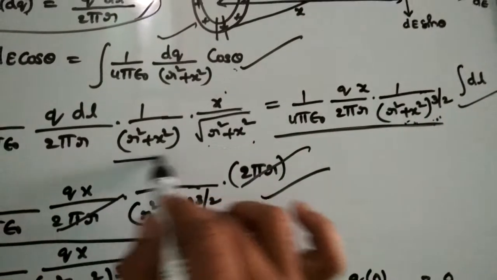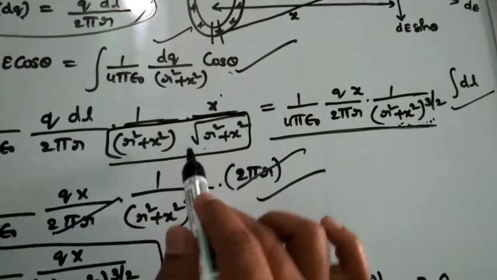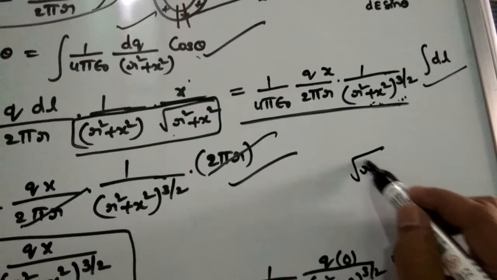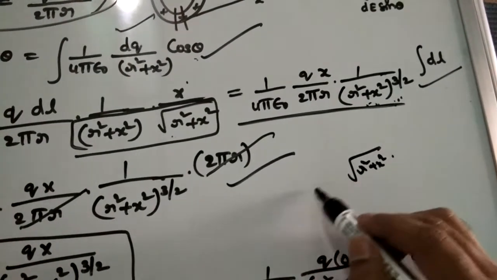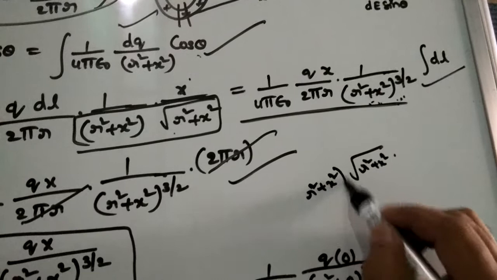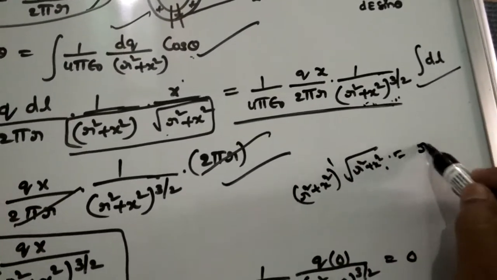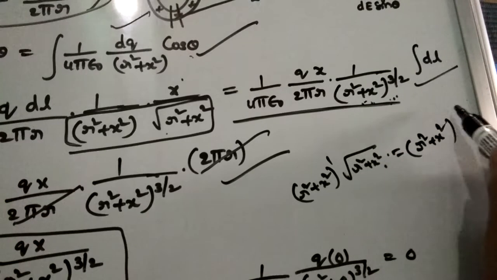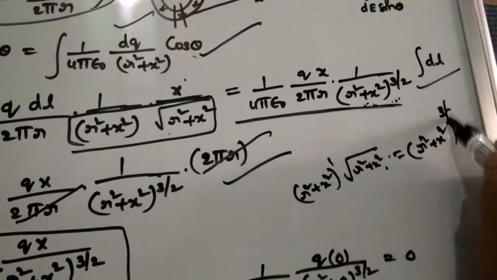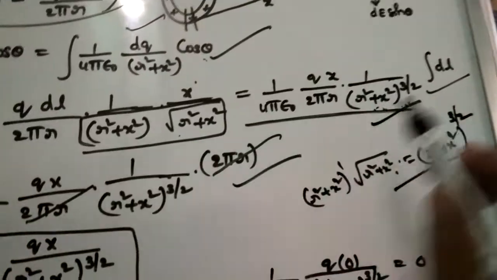How did you get this, sir? Check it. This is root of r square plus x square, and another one is root of r square plus x square. So this is power 1, and this is power 1 by 2. So you get r square plus x square whole power 1 plus 1 by 2, which is 3 by 2.